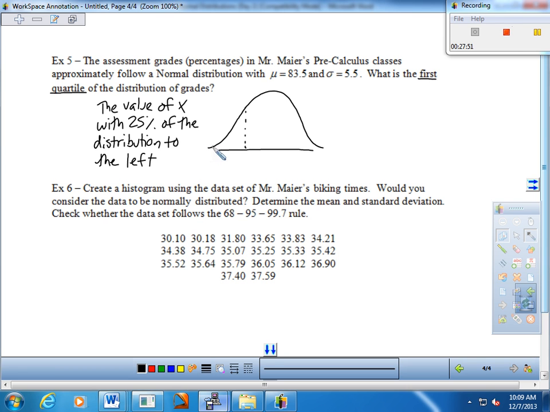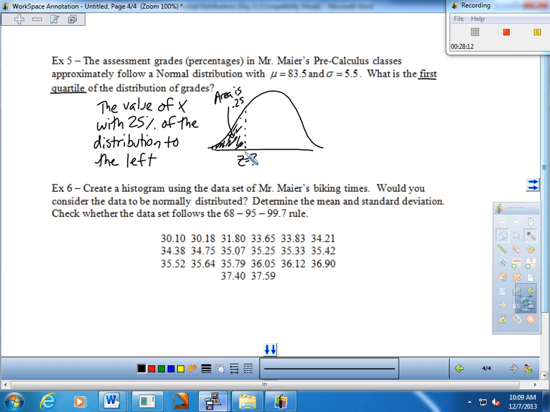Basically 25% of the values are going to be to the left of some z-score. So there is some z-score where the area is 0.25, right? Because 25% of the distribution is to the left of some z-score right here. Interesting.